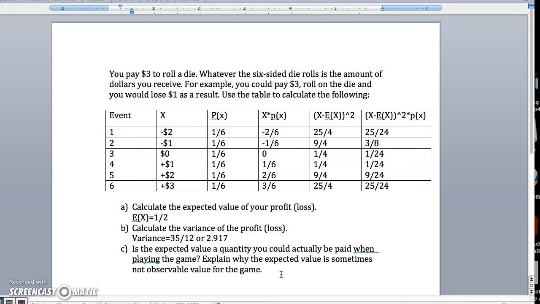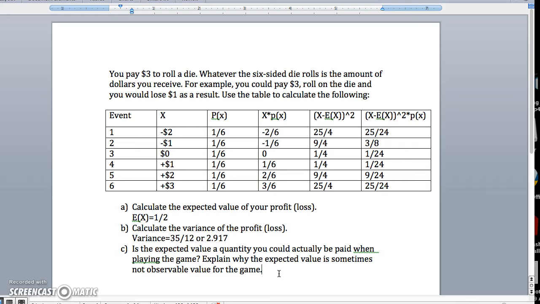So you would have to play this many times to get this expected value. So it wouldn't be observable because you have to do this so many times to be accurate. So we have a general idea we could get, but like I said, in order to be really close to this number, you'd have to play this infinitely amount of times.